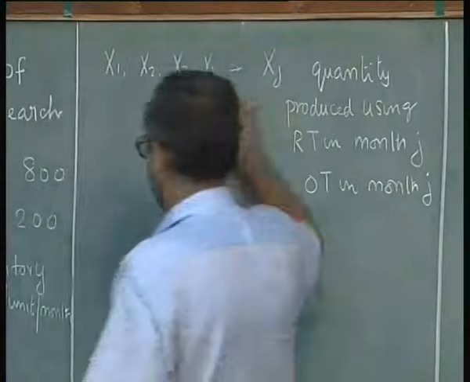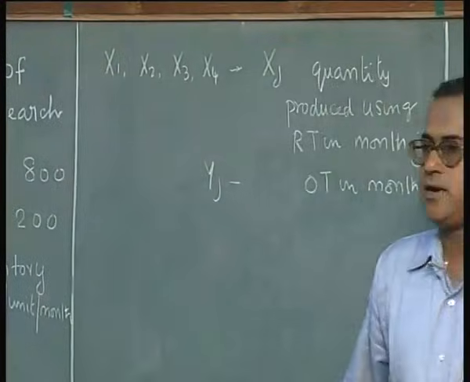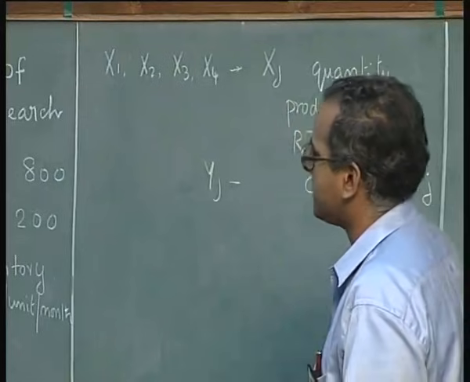Now, these are our decision variables xj and yj, quantities that are produced.